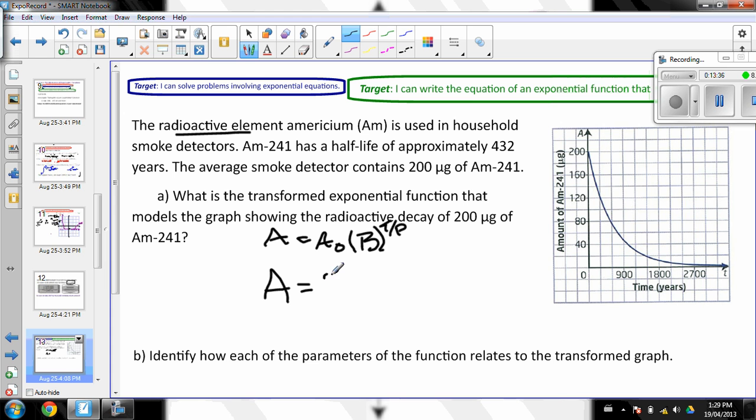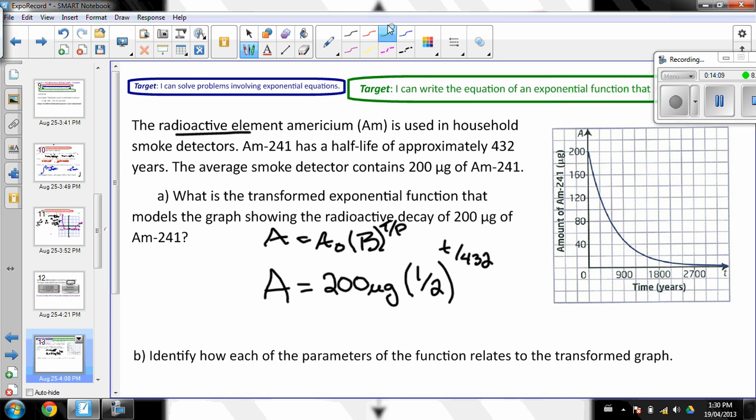Originally we have 200 micrograms. In brackets, B is how it's behaving. So this is a half-life, which means our base is 1/2 to the power of T is our time over 432. Notice here, since 432 is in years, our T will be in years.